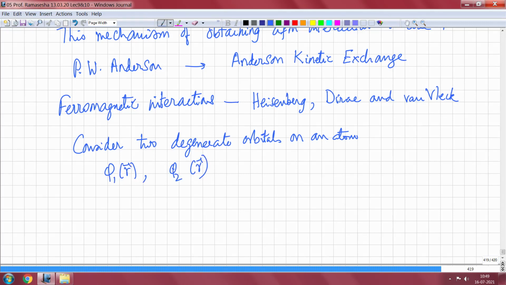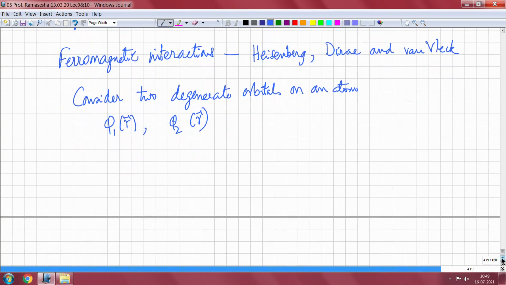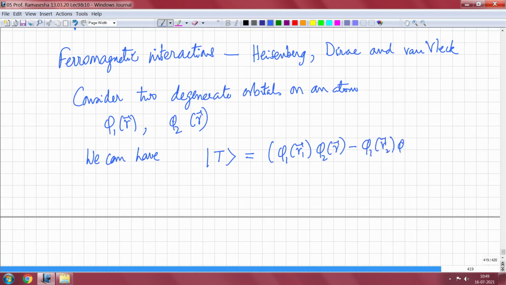Well, when you have two degenerate orbitals, then you can actually have as before triplet and singlet states. So we can have a triplet state which can be written as phi1 r1 phi2 r2 minus phi1 r2 phi2 r1 times the spin function.